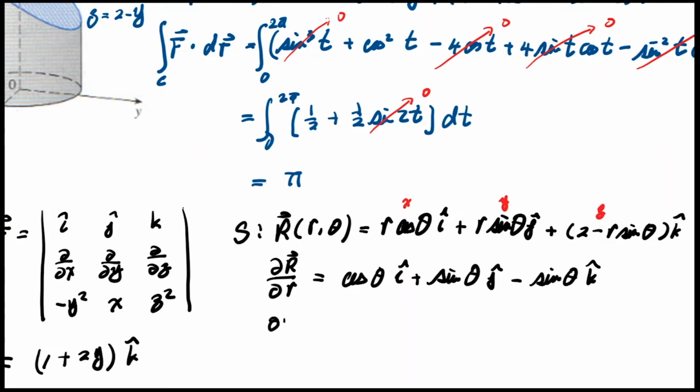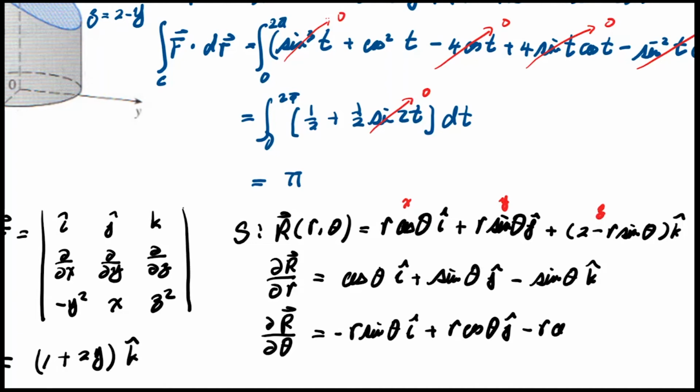And then we'll take a partial derivative with respect to theta now. So we have negative r sine theta i vector plus r cosine theta j vector, and this becomes minus r cosine theta k vector.